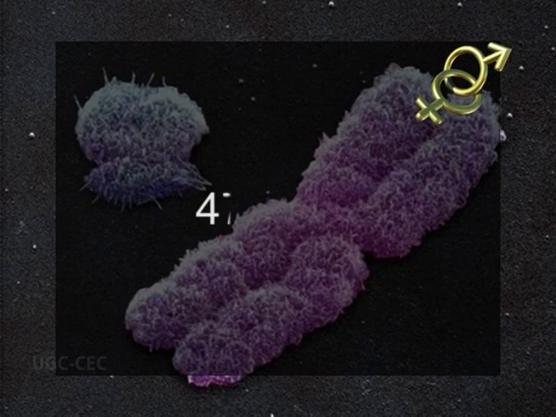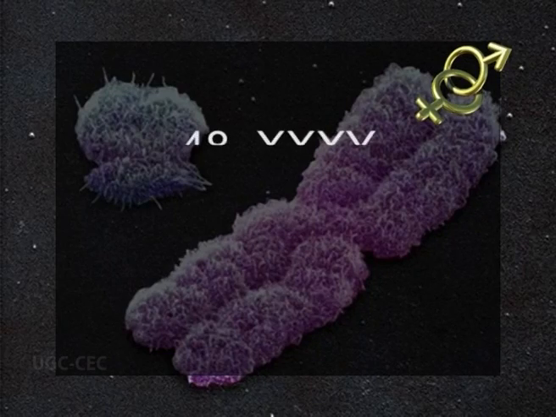Males with Klinefelter syndrome typically have one extra copy of the X chromosome in each cell for a total of 2 X chromosomes and 1 Y chromosome, that is 47 XXY.